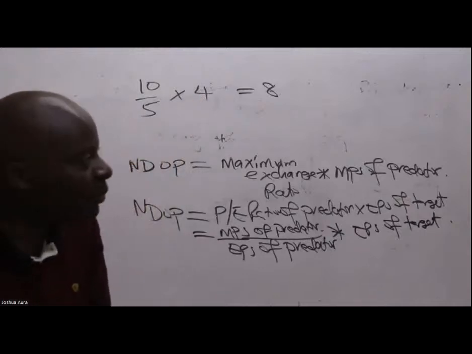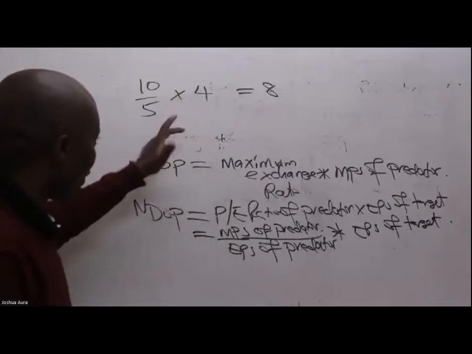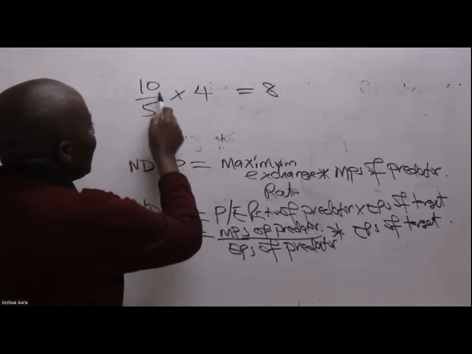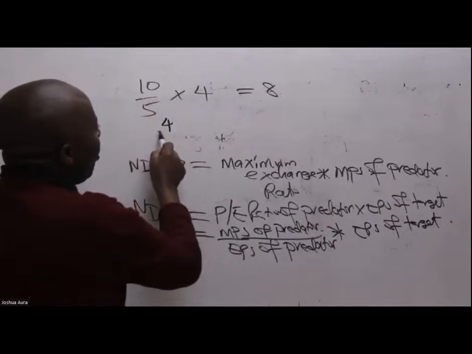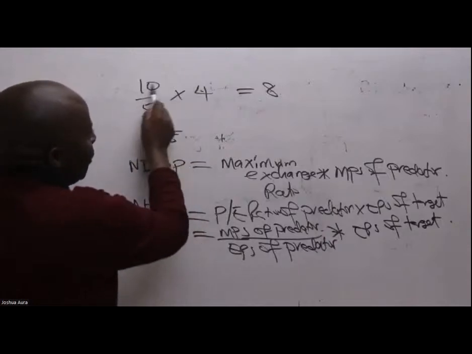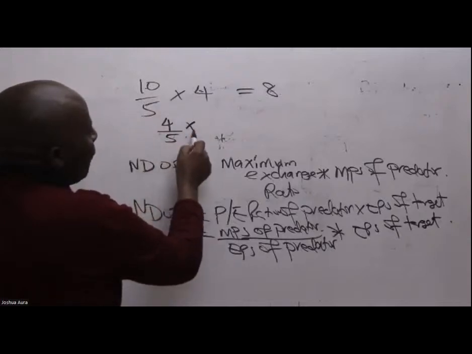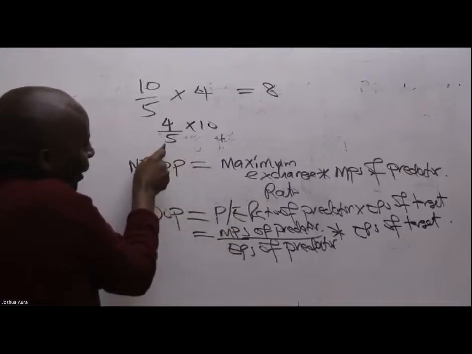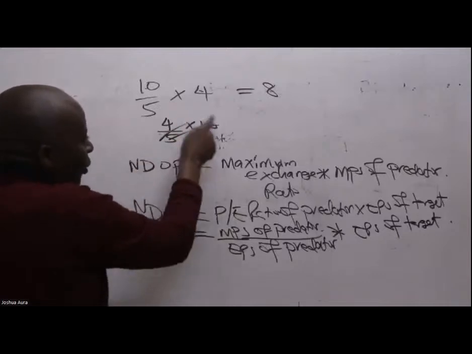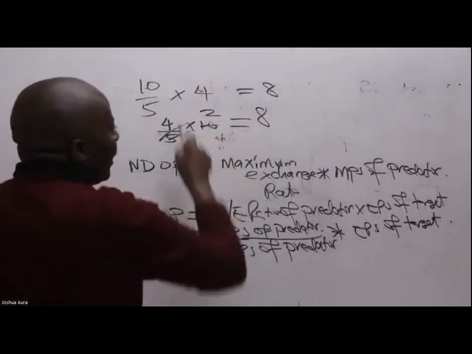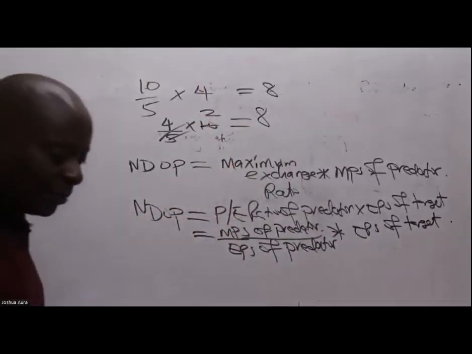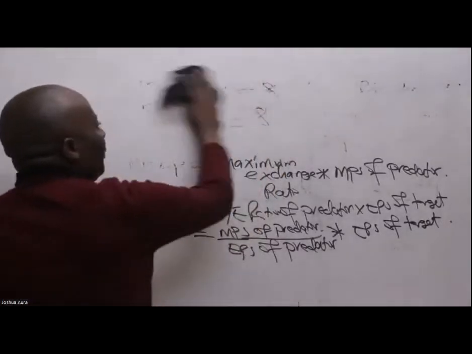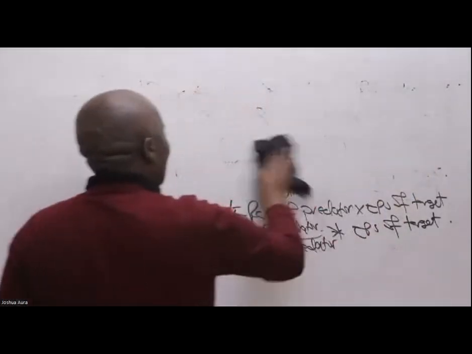So I'm changing this, it will be 4 over 5 times 10. This is still okay because in multiplication it still gives me 8. This is very correct in terms of algebra.